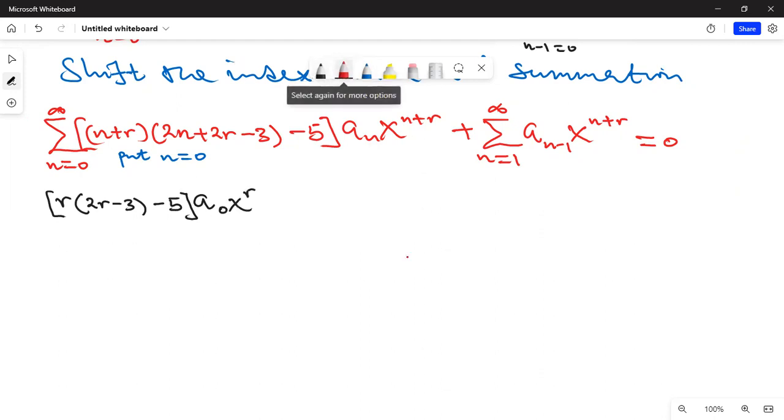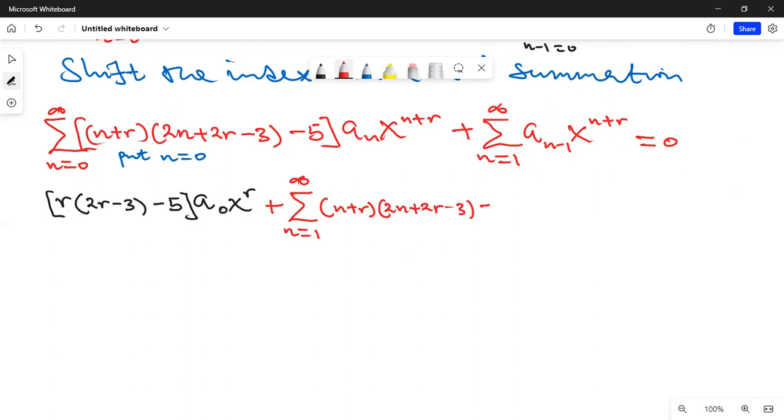So now the second term going onwards will start from n equals 1. So plus the sum from n equals 1 to infinity of n plus r times 2n plus 2r minus 3, then minus 5.